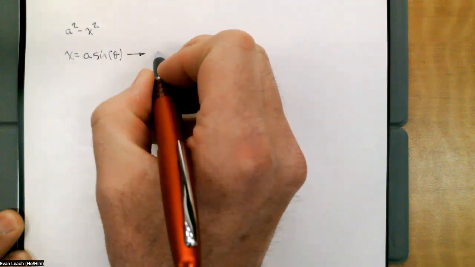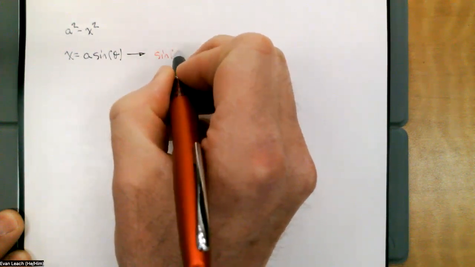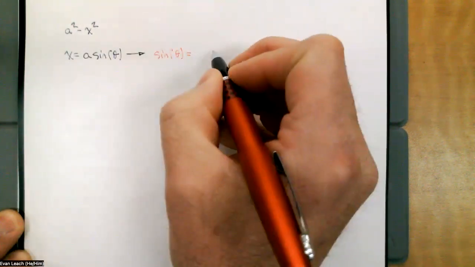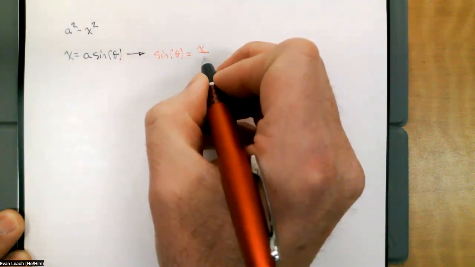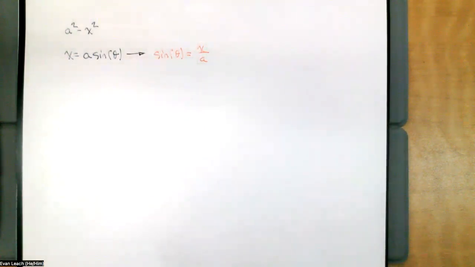Sine of theta is x over a. The easiest place to go after this is just solve this for theta with the sine inverse.